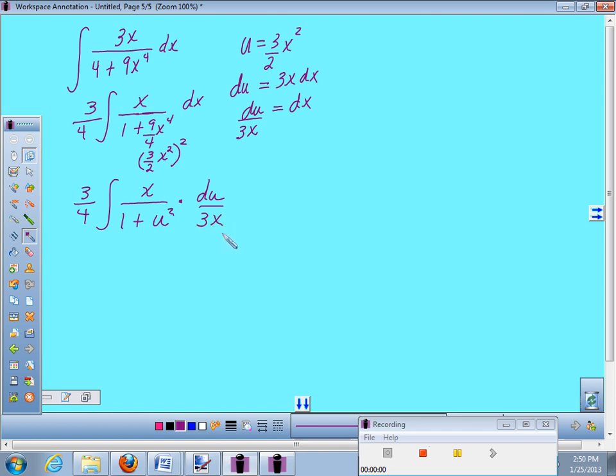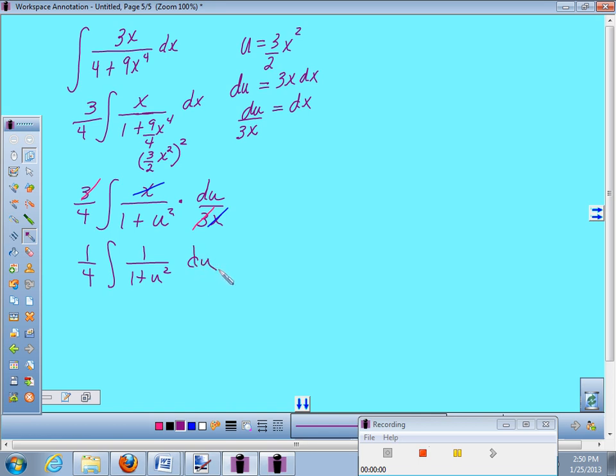And yes, you'll notice that the 3's cancel as well as the x's. So sayonara to the 3's, goodbye to the x's. And so we are left with now a nice, clean little 1/4, 1 over 1 plus u squared.